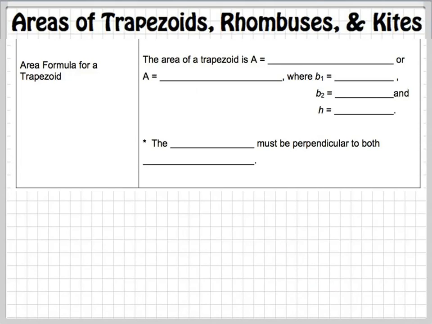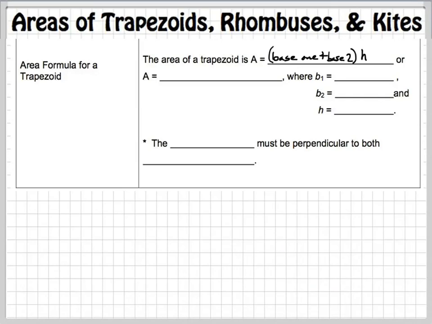The area of a trapezoid is A equals, we're going to say base 1 times base 2. I'm going to use number 2 because that's shorter. And we have to multiply, wait, did I say times? It's supposed to be plus. Base 1 plus base 2, and we have to multiply that times the height.